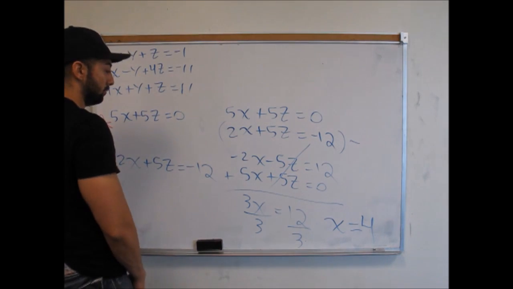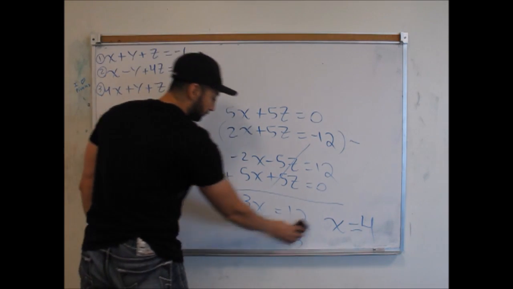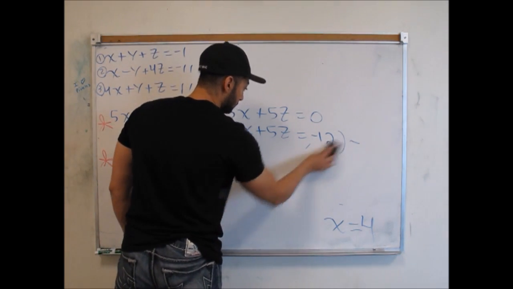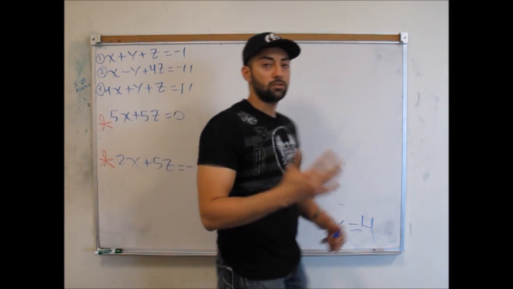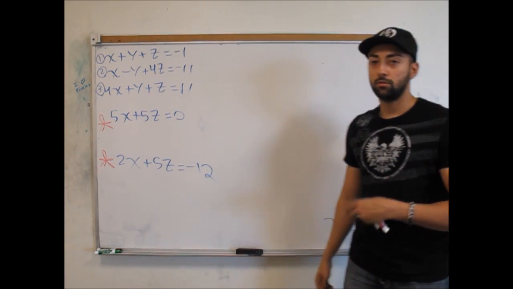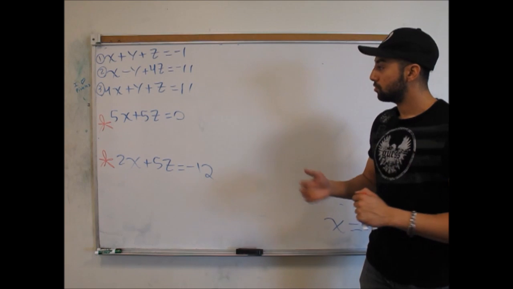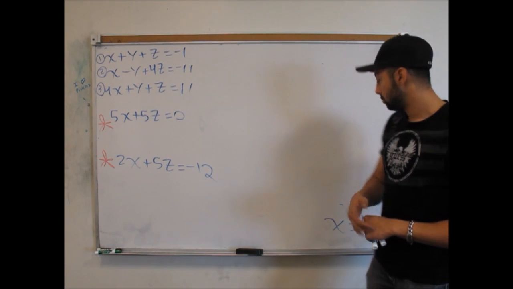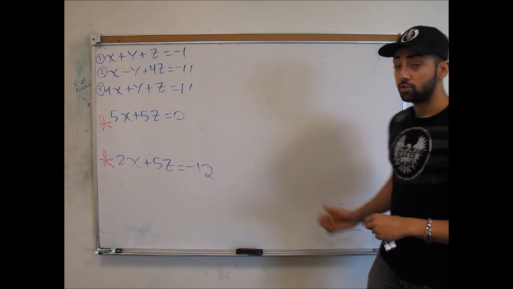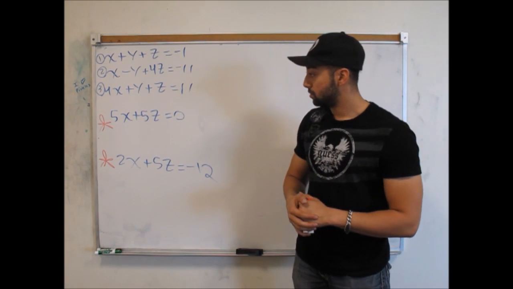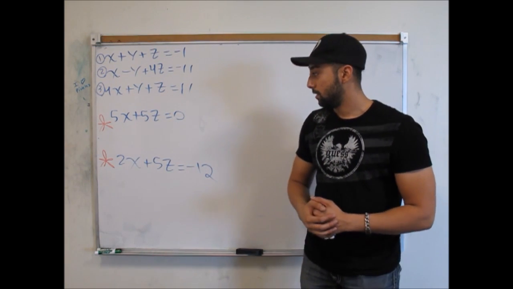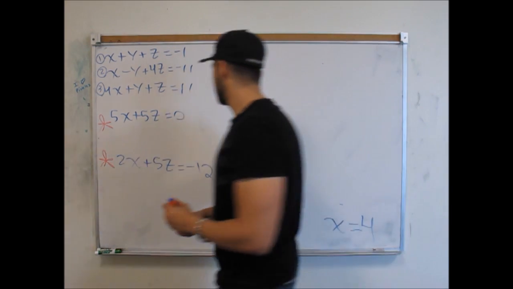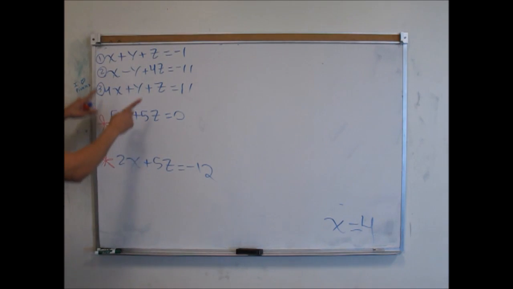That's just one variable that we found. But from there, you're pretty much done. If you find one variable, the rest of this journey is going to be fairly simple. Once you get x equals 4, jump back to any of the star equations and sub it in to get the other one out. I'm just going to use this one and put 4 in for x.